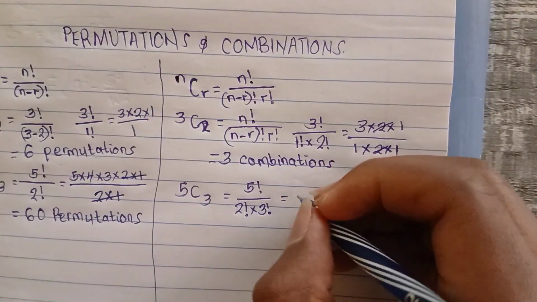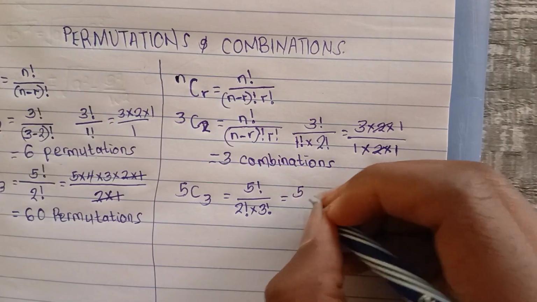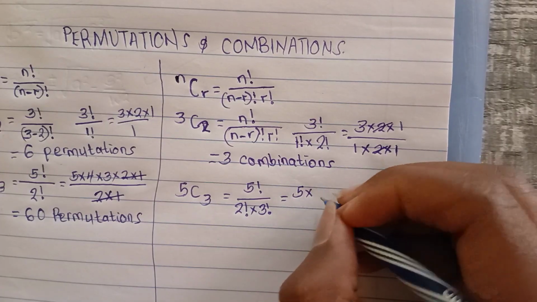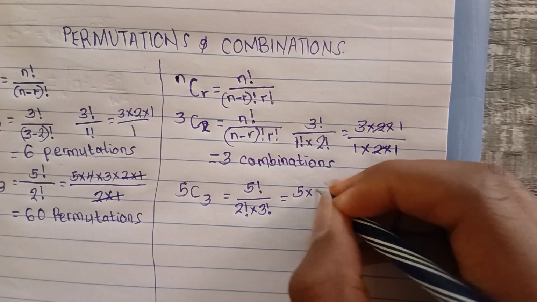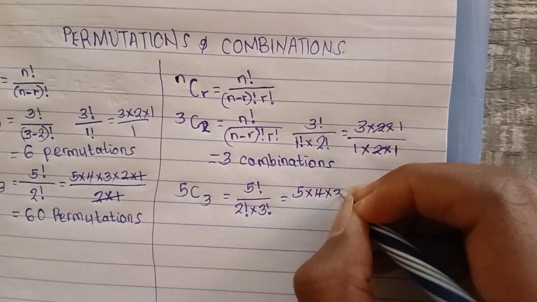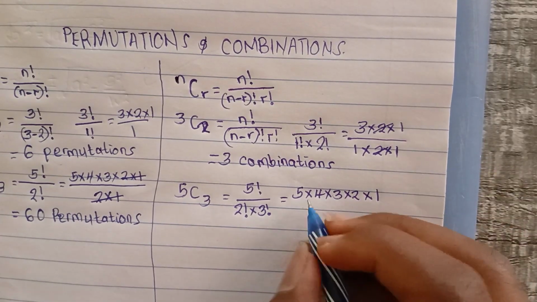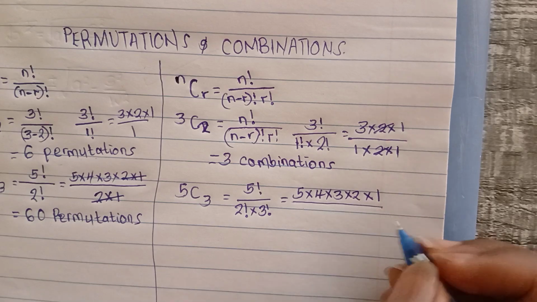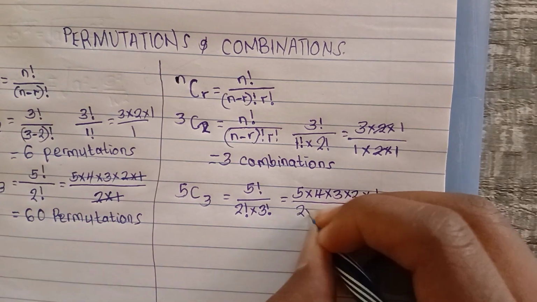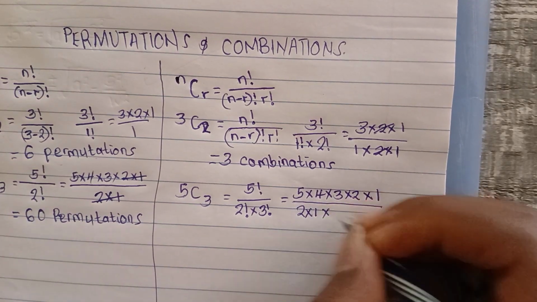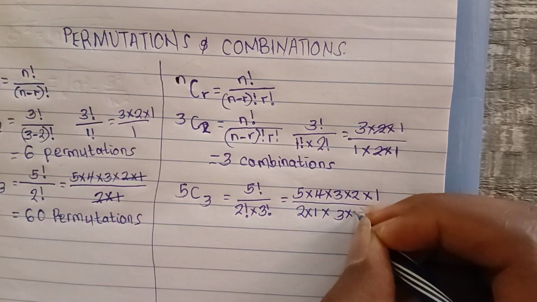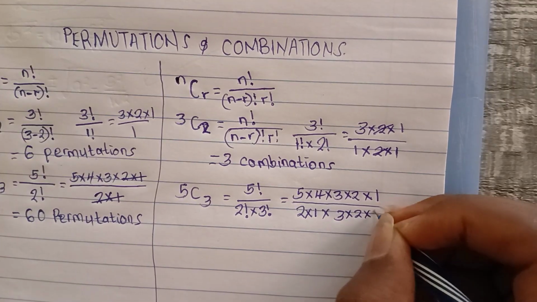So you will have 5 times 4 times 3 times 2 times 1, then over 2 times 1, 2 factorial, times 3 times 2 times 1.